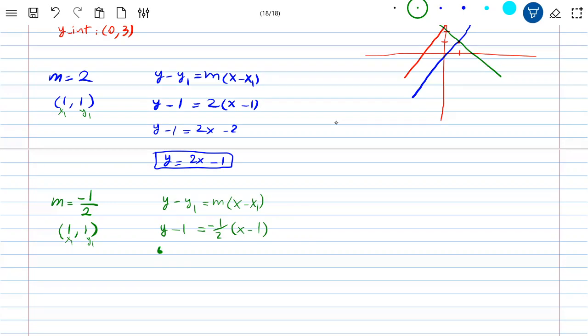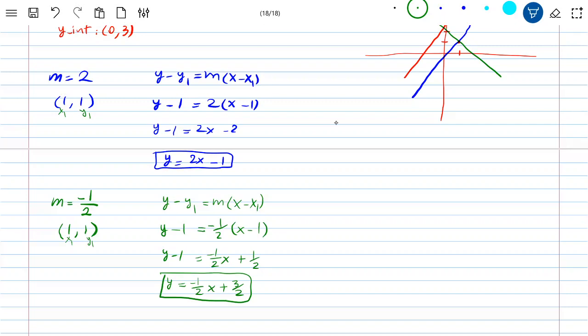And if you simplify, you'll get y minus 1 equals, distribute the -1/2, -1/2 x times -1 becomes +1/2. Then add 1 to both sides, y equals -1/2 x plus, 1 plus 1/2 becomes 3/2. This is the equation of the green line.